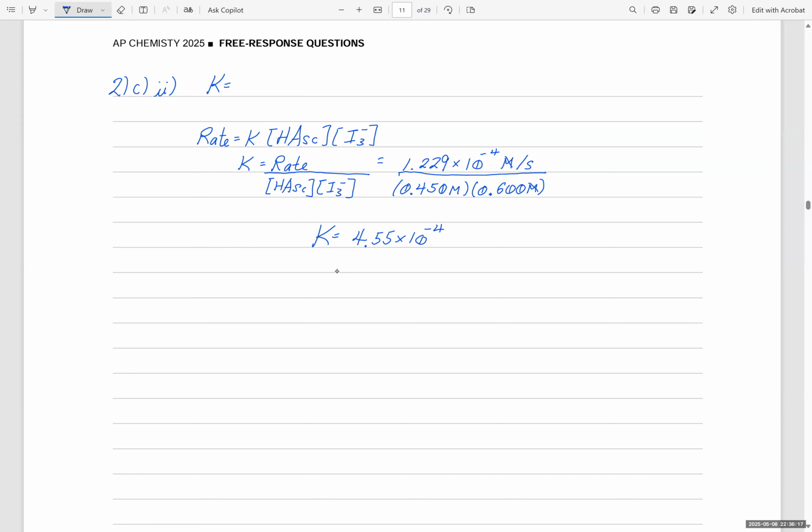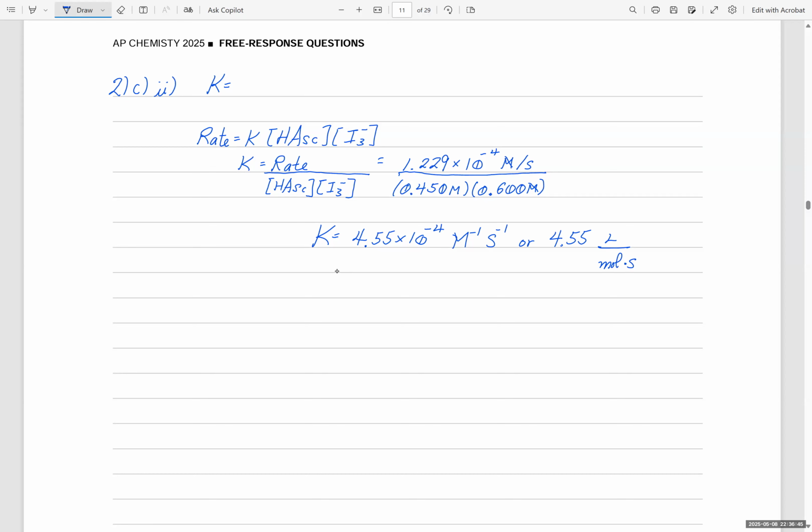So our unit is going to be M to the minus 1, second to the minus 1, and that should be our unit. Also, the unit could also be liters per mole times second. That could be the unit as well.